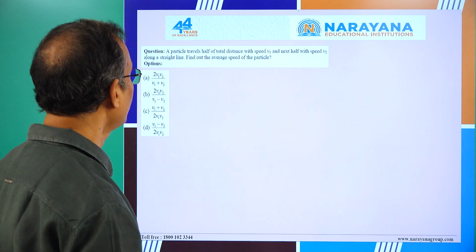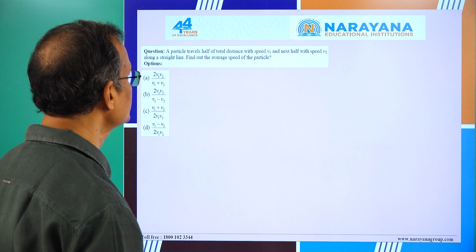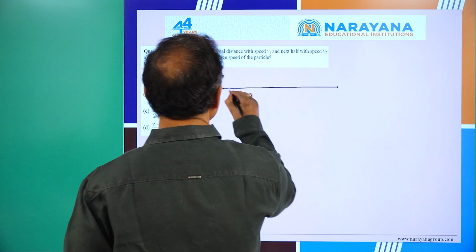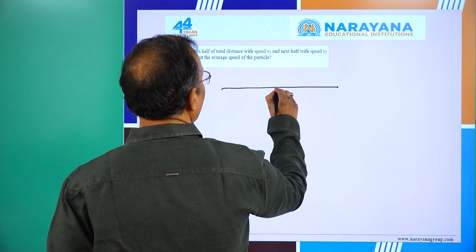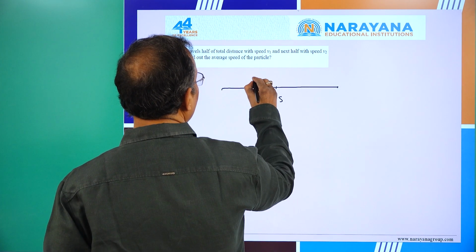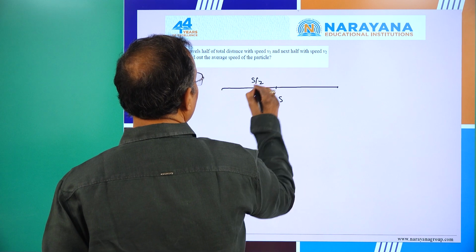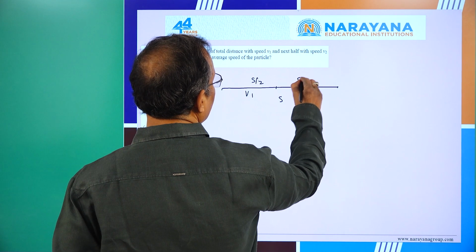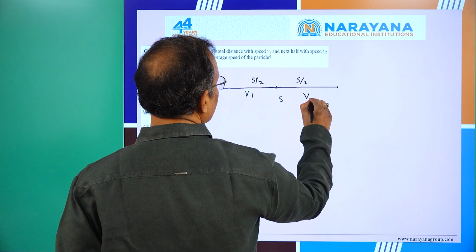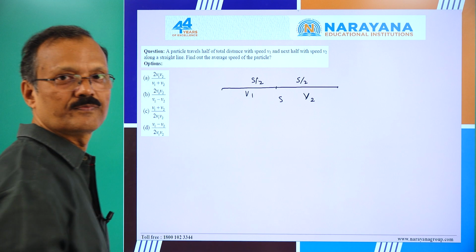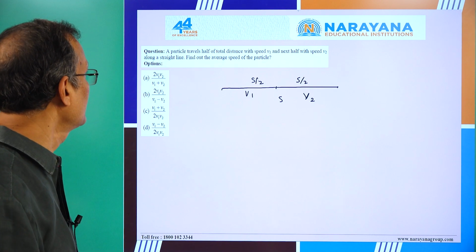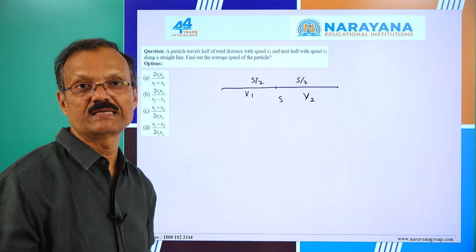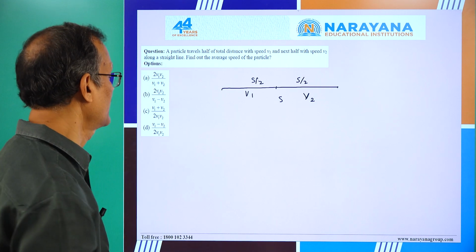A particle travels half of total distance with speed V1. Suppose particle is traveling distance S. Half means S by 2. It is traveling with V1. Remaining S by 2, it travels with V2. Average velocity or average speed, it will be net displacement by total time taken.